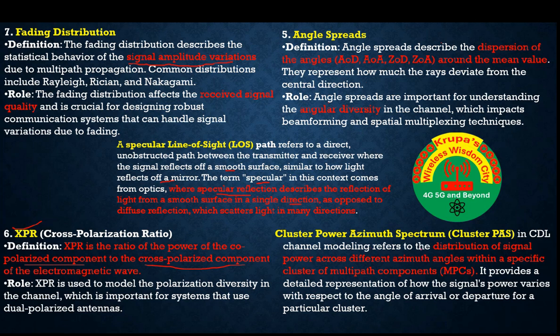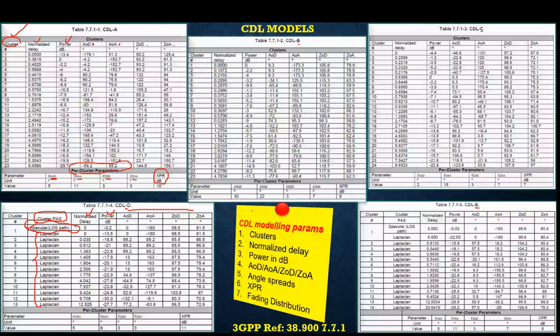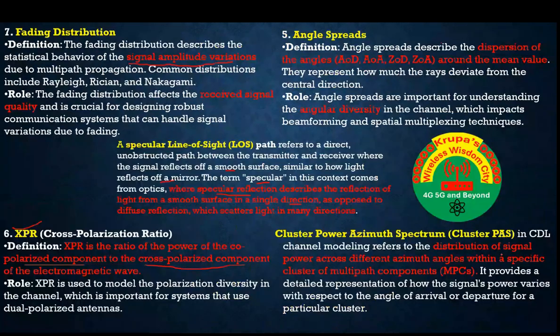Then we come to the cluster power azimuth spectrum. This is cluster PAS. You would notice cluster PAS has been defined here. Cluster PAS, in CDL channel modeling, refers to the distribution of signal power across different azimuth angles within a specific cluster of multipath components. Basically, you can call it the distribution of power across the different azimuth angles within a given cluster.